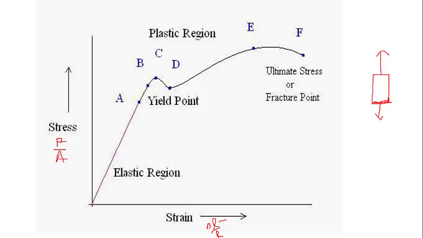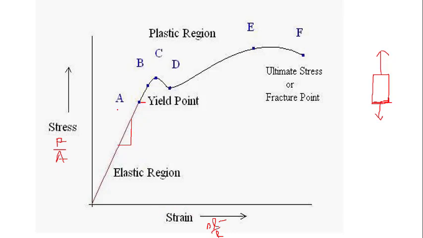Initially we do not apply any load, then gradually we increase our load like this. You can see that up to a point the stress and strain are linearly proportional, and we can find Young's modulus from this curve. Young's modulus is the slope of this curve, as stress is proportional to strain, and we will see one law on this.